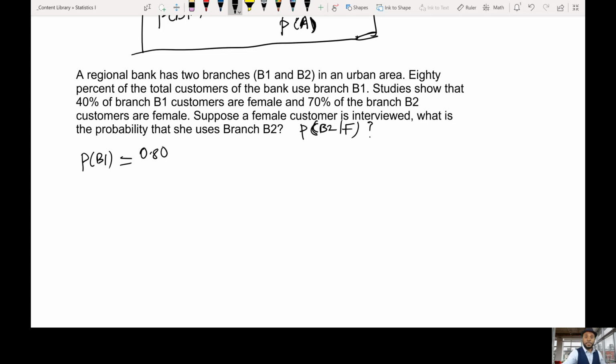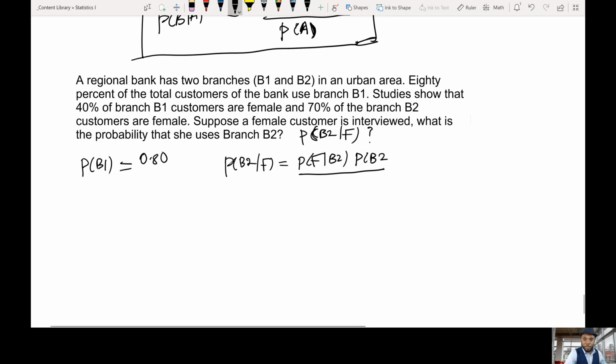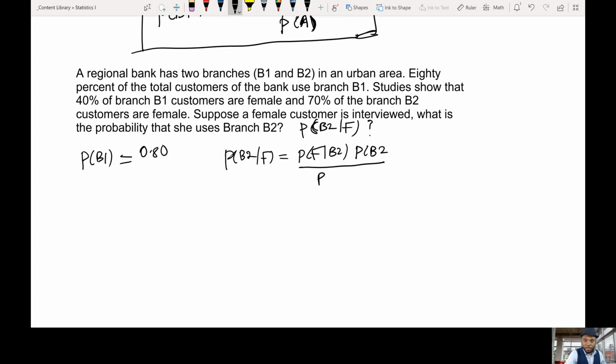Now, we know that the probability of B2 given a female will be equal to the probability of female given B2 times the probability of B2, divided by the probability of female.